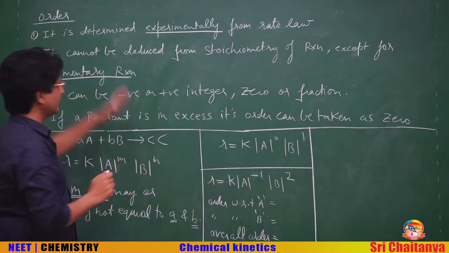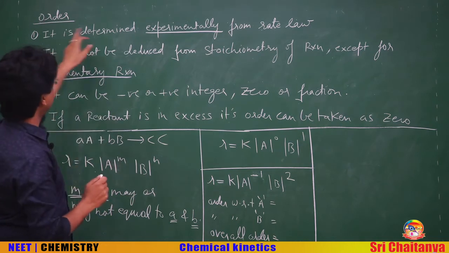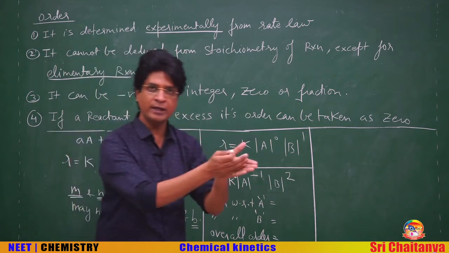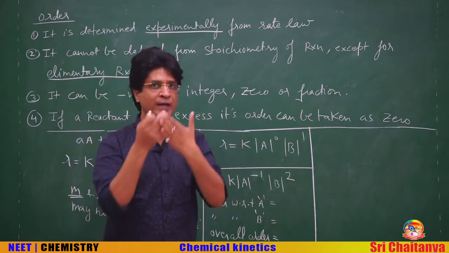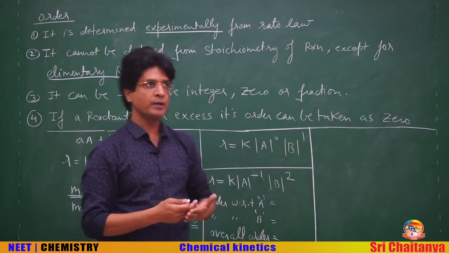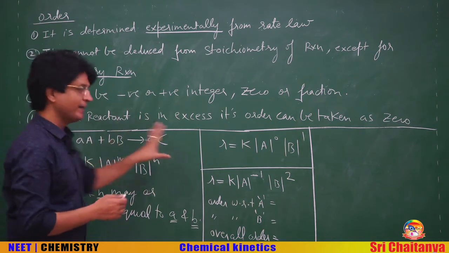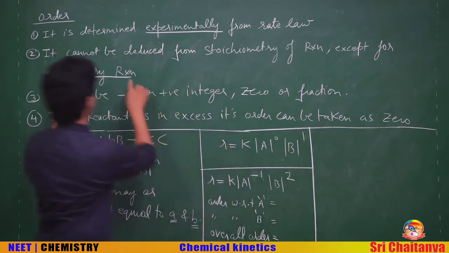So let's understand a few points with respect to order. It is determined experimentally from rate law. That means you have to go into the laboratory and perform experiments and then come up with the data. From that data, you will have to find out the order of a reaction. Just by looking at the stoichiometry of the equation, you cannot find out a rate law with confirmation unless it is an elementary reaction.